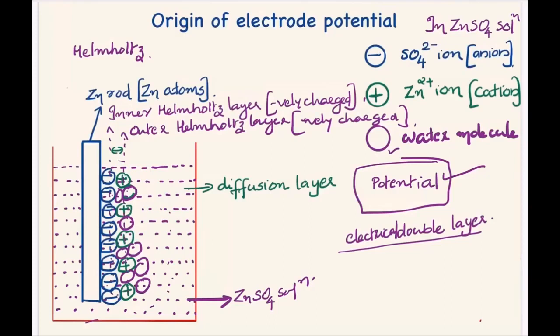You can also identify the potential in this area will be higher compared to the potential in diffusion layer, because diffusion layer contains lower concentration of zinc ions and sulfate ions. Rather, in this inner and outer Helmholtz layer, the concentration of the charges is high.